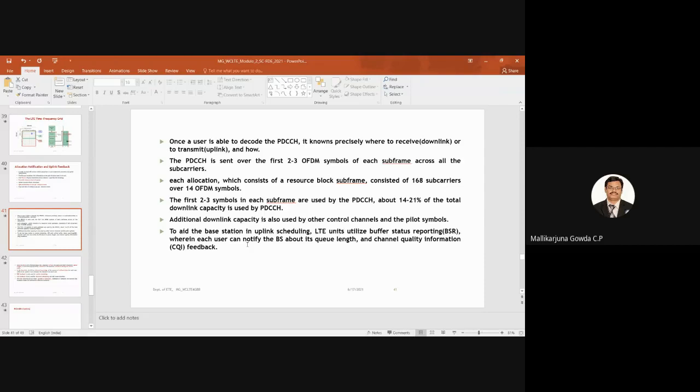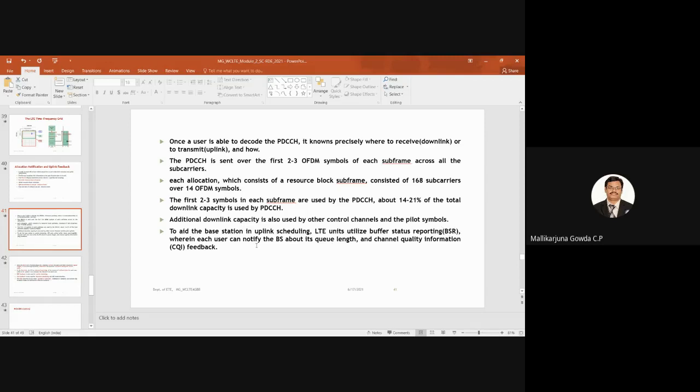Each user can notify the base station about its queue length and channel quality information feedback. Are you able to get my point? To aid the base station in uplink scheduling means to inform the base station about the uplink scheduling. LTE utilizes buffer status reporting, in short BSR.